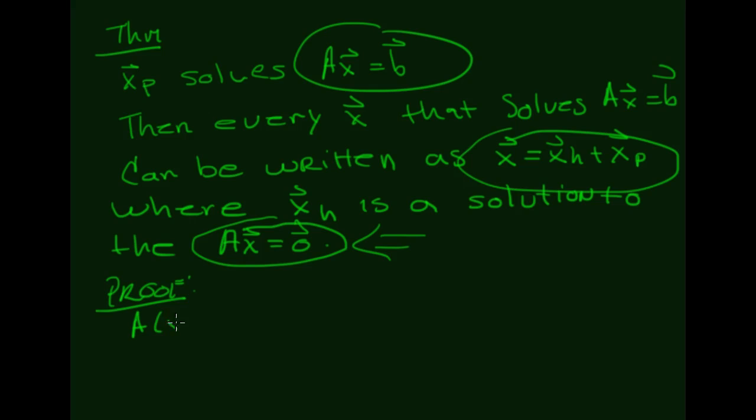Proving this is actually kind of simple. Take A and have it work on the difference of the particular solution and some arbitrary solution. Okay, so this works out to be that by left-hand distribution.